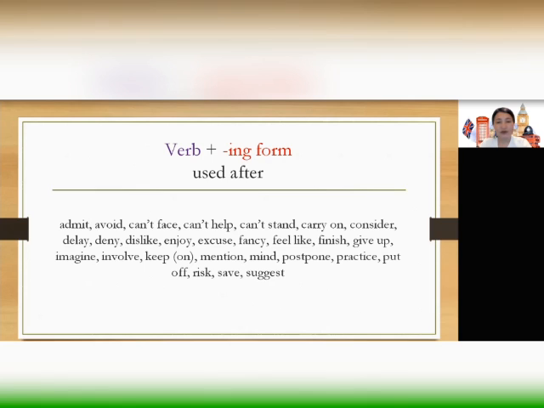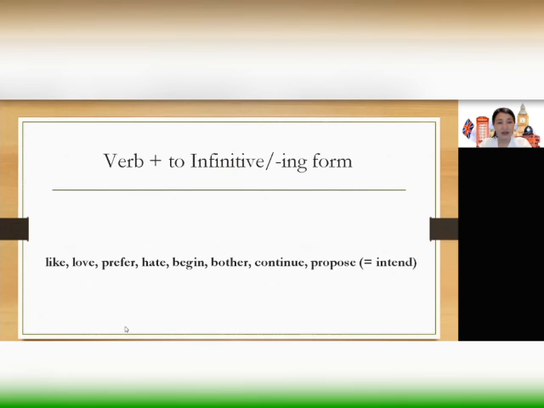And you also have to remember all these words. And with both verb plus to infinitive and verb plus ing form, we use words like: like, love, prefer, hate, begin, bother, continue, and propose. Propose is meant here as intention.